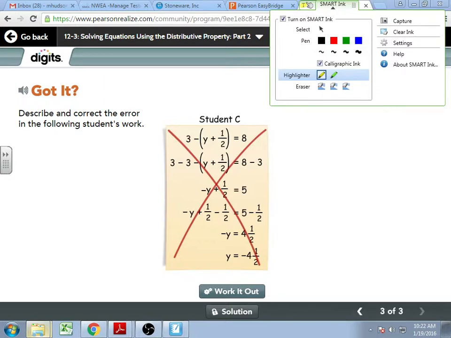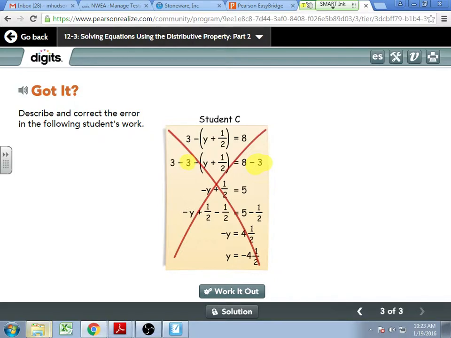What changes? Look on your right side. What changes? They're subtracting 3. Why? Because they felt like it. So remember, a lot of right ways to get to Florida, they can start that way. That's okay. They're trying to get rid of that 3.